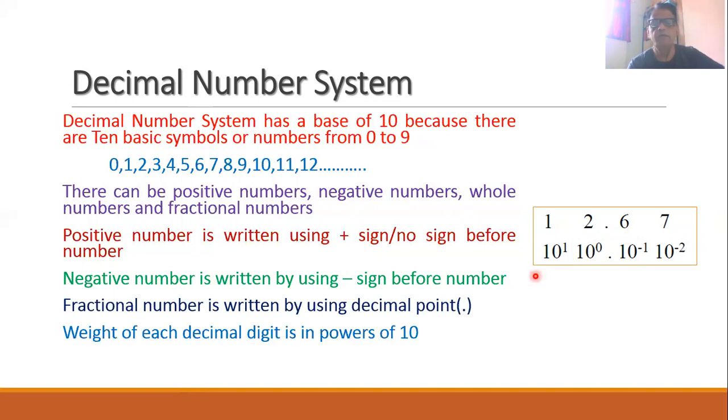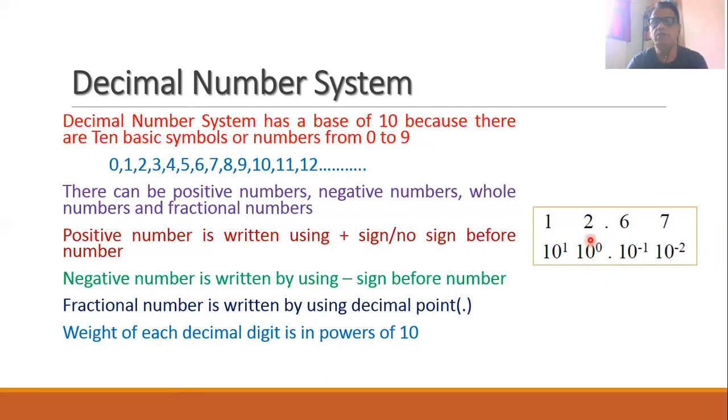You will find that whenever there are different digits in the decimal number, then every individual digit will have a certain weight, and this weight will be in the powers of 10. So when we start from the decimal point and go to the left hand side, the weight will go on increasing in the powers of 10.